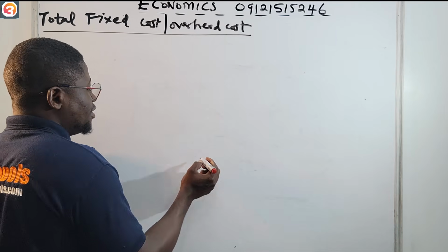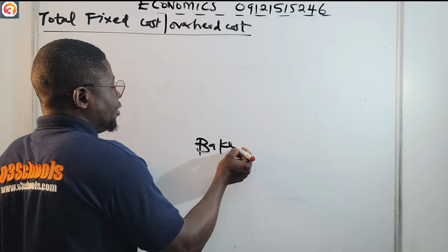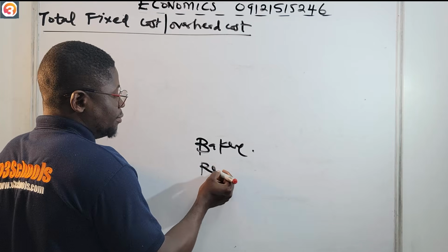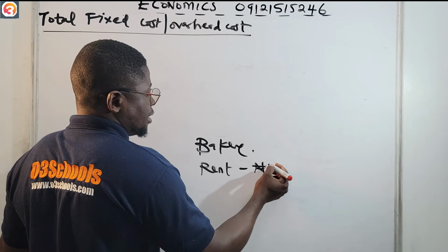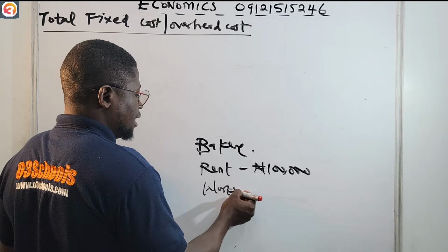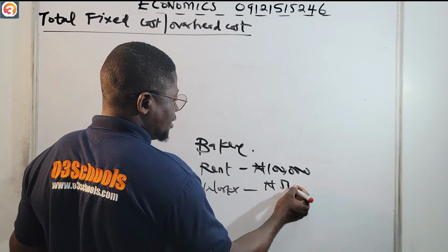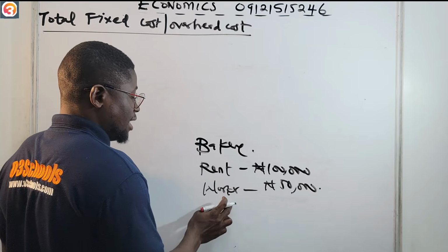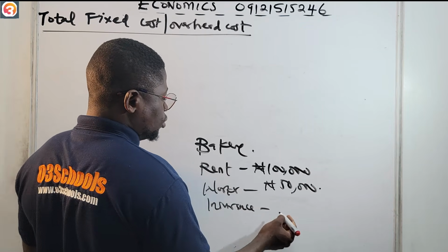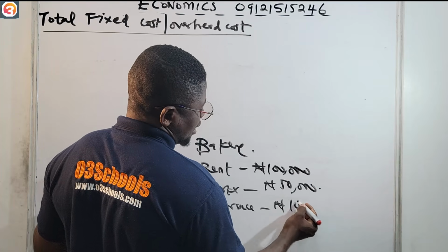For example, if you have a bakery and you pay rent every month, let's say your rent is 100,000 every month. You pay workers their wages, every month you pay them 50,000. And then let's say you pay insurance, you insure your goods, let's say 10,000 naira.